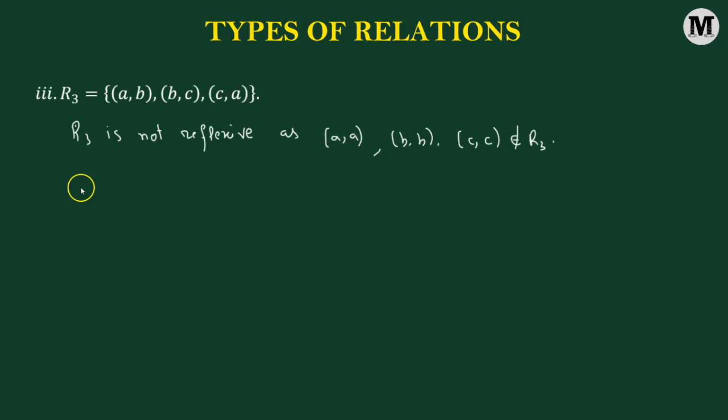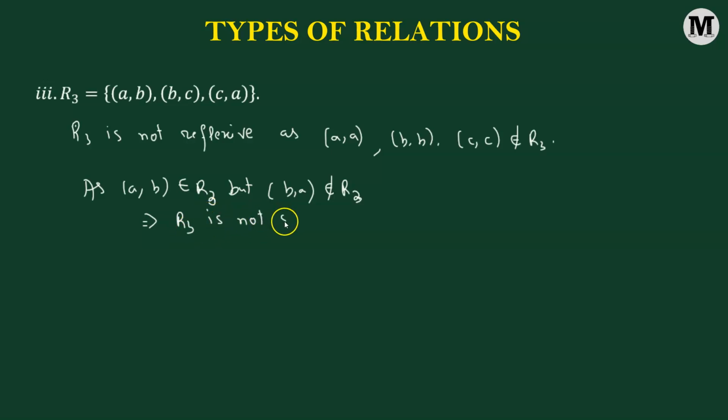What about symmetric? Okay, let's check. A comma B belongs to R3, but B comma A does not belong to R3. This simply implies that R3 is not symmetric. This is not a symmetric relation on A.